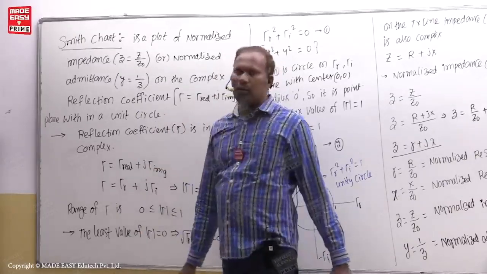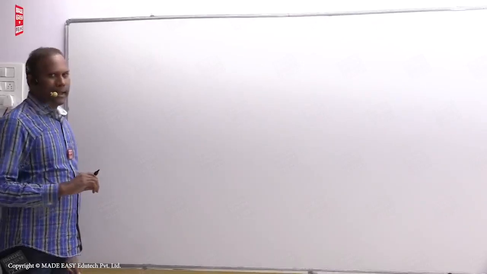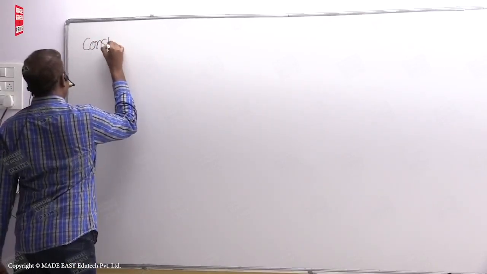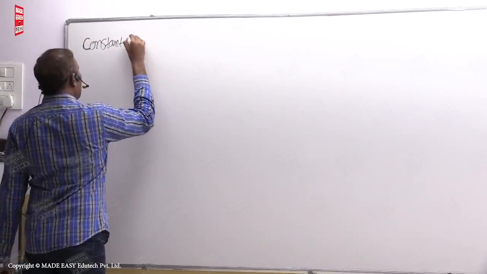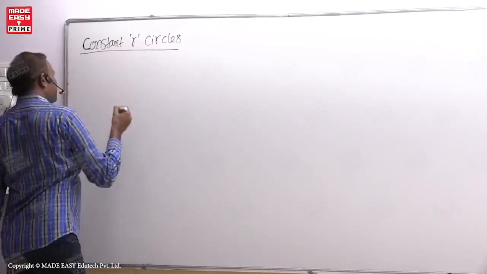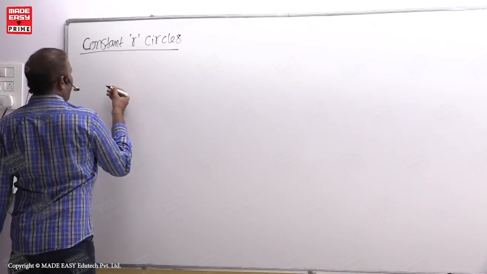Now we are going to draw that one. So students, now let us draw the constant R circles. So what is the equation?